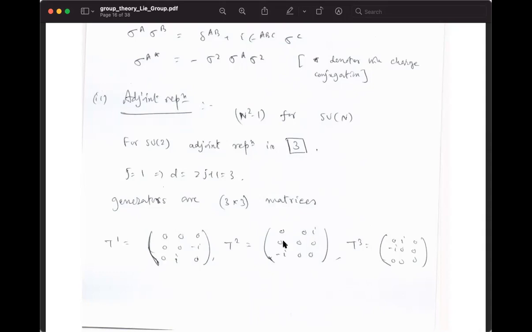You can rotate them and go to a different basis. Here also you can rotate T1, T2, T3 and define them in different bases. But what is fixed under this rotation is the number of bases, or the number of generators. Because SU2 is spanned by 3 dimensions, it is like a 3-dimensional space, so you cannot rotate them and make them 2 or 4 dimensional or something else. It will be restricted to the 3-dimensional representation itself.